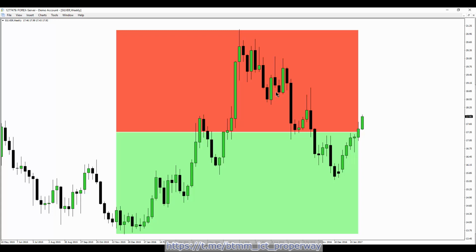Okay, did it pop? A little bit, but it didn't make a new higher high. Why? Look where we're at. We're in the premium side of the marketplace on the monthly. So our range defined on a monthly basis up here, bullish order blocks are not going to be as favorable as if they were down here.